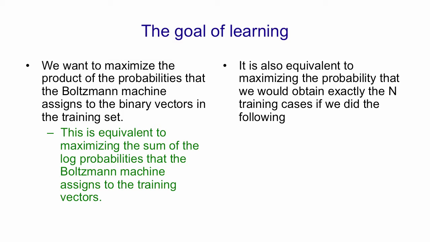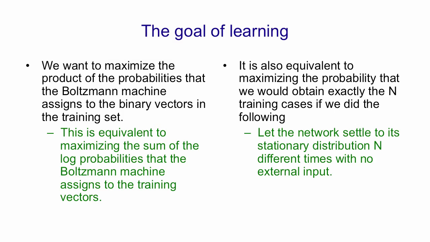It's also equivalent to maximizing the probability that we'd obtain exactly the n training cases if we ran the Boltzmann machine in the following way. First, we let it settle to its stationary distribution n different times with no external input. Then we sample the visible vector once. Then we let it settle again and sample the visible vector again, and so on.